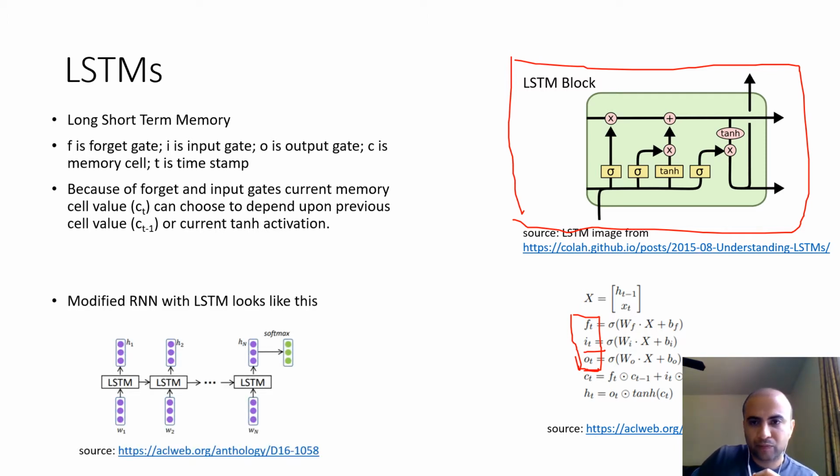So what happens here is the hidden layer output of say W2 learns from, like we saw in the previous slide, word 2 features as well as word 1, but these gates control whether it should learn from the previous hidden cell or from the current cell.